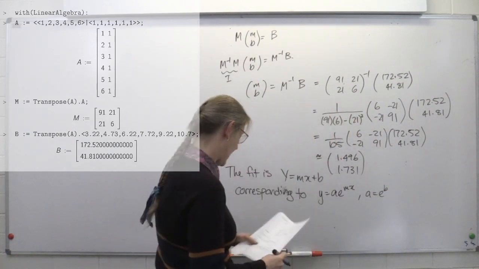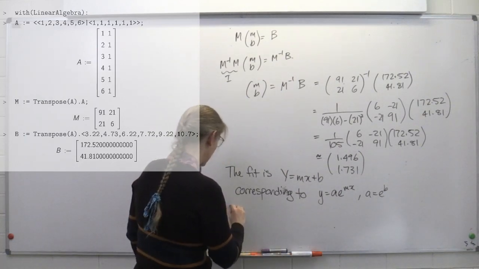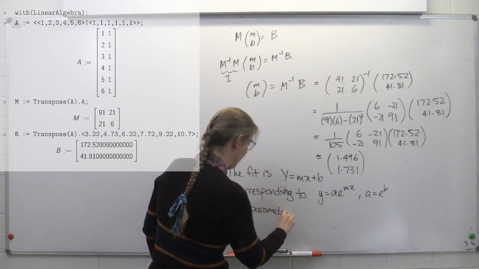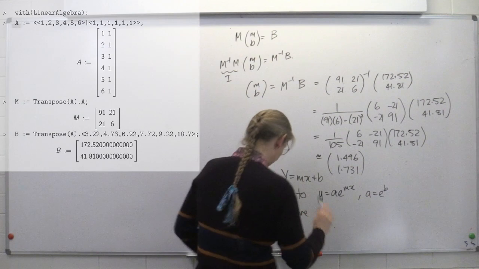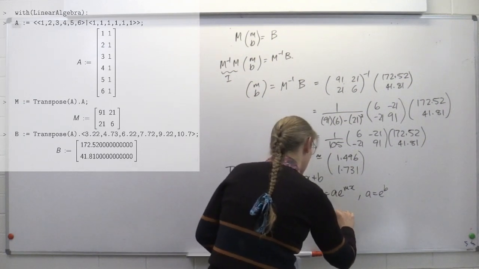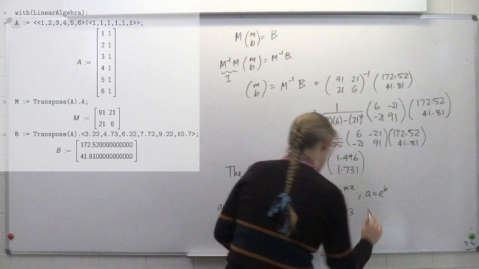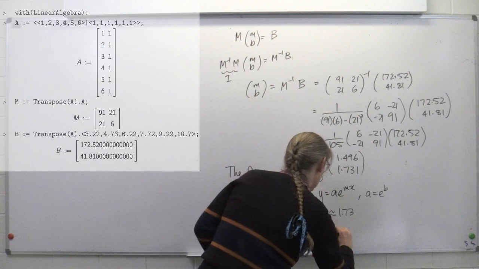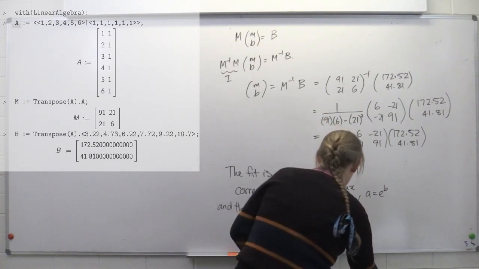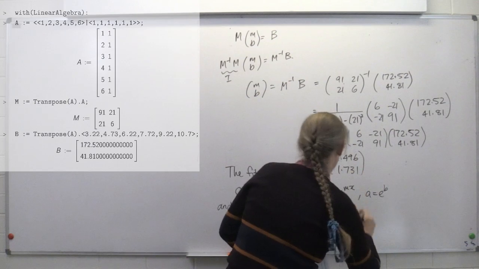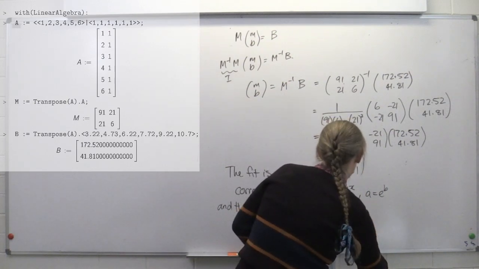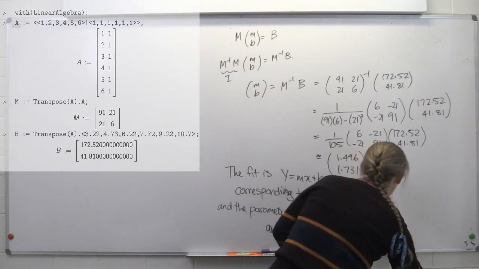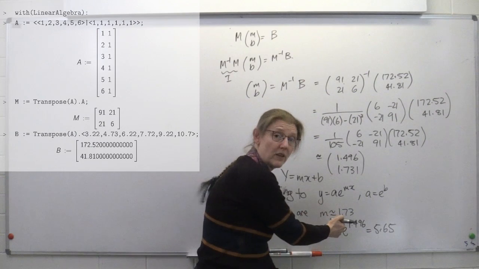All right, and the parameters are m is approximately 1.73, and a is e to the b, which is e to the 1.496, which is equal to 5.65.